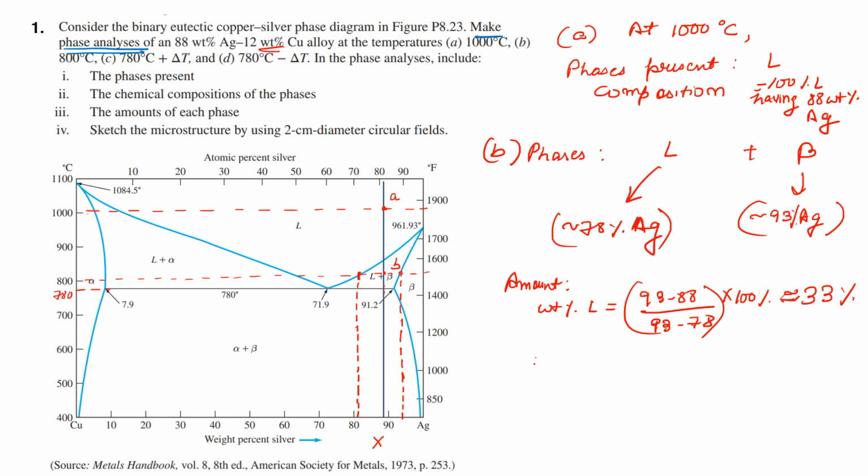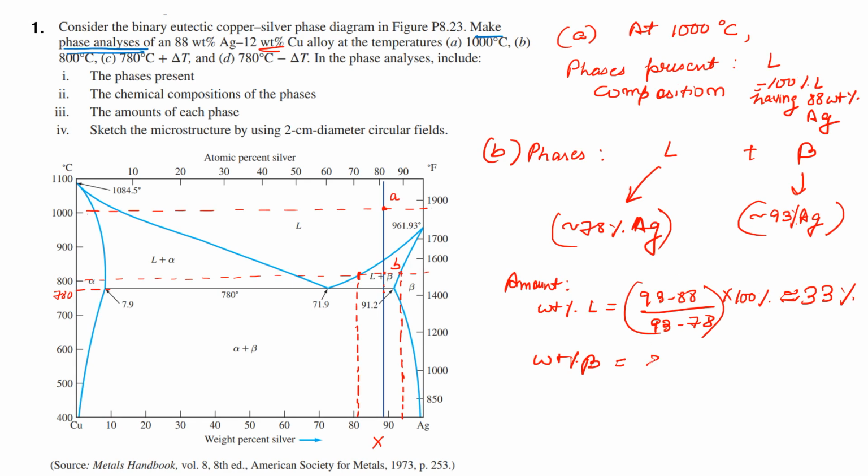Okay, and the amount of beta: beta is here, so we consider the arm away from beta, which is 88 minus 78 divided by 93 minus 78 times 100%. That gives approximately 66%. Of course, you can take the 100 complement of 33, that is 100 minus 33, approximately 66%. That can also be done.